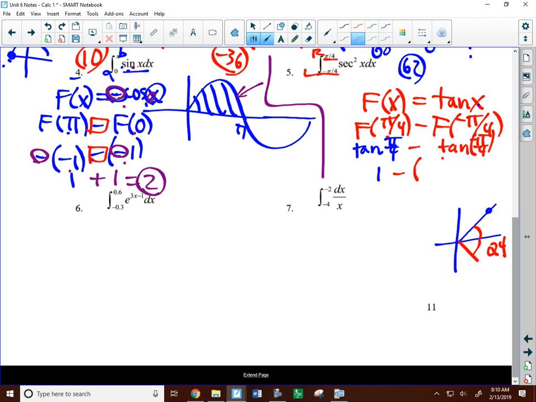Now it's still going to be 1 or negative 1, right? It's still the same key value. Is tangent positive or negative here? Negative. All students take calculus. Tangent is positive in quadrants 1 and 3, so it's going to be negative 1 in quadrant 4. 1 plus 1 is 2. Another shocking conclusion.